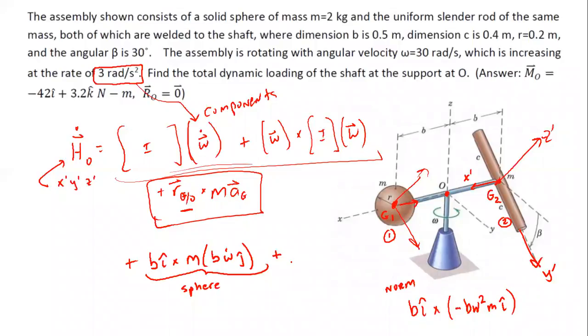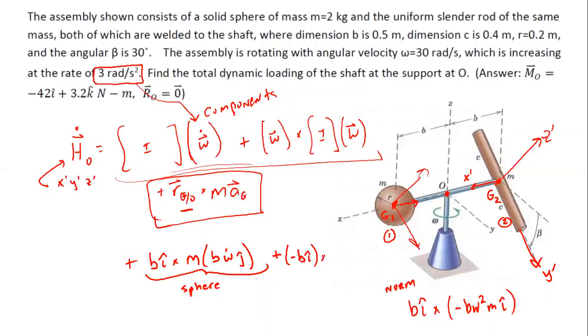And then when I do the rod, what's my R vector from O to G? Yep, so it's going to be minus B in the I hat.